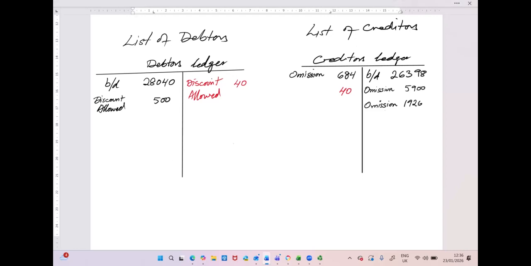So that's the effect. So we'll leave the 40 there. This we'll also call it discount allowed. So let me keep the same color.